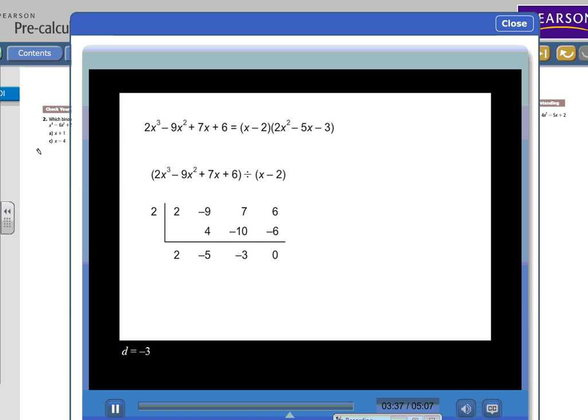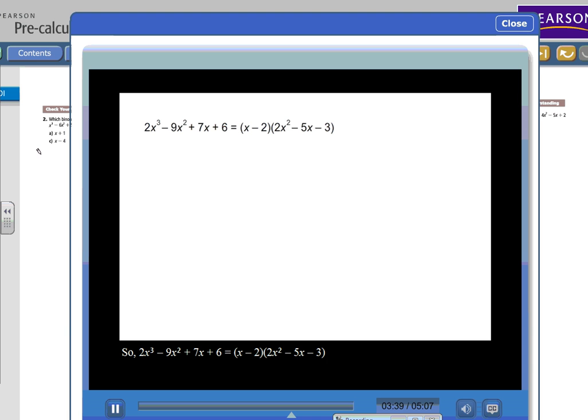So, 2x cubed minus 9x squared plus 7x plus 6 equals x minus 2 times 2x squared minus 5x minus 3.